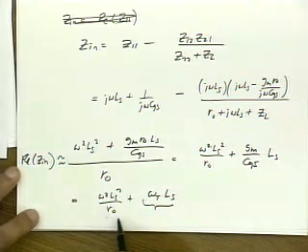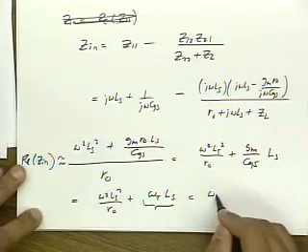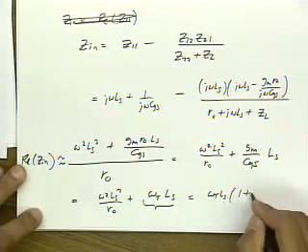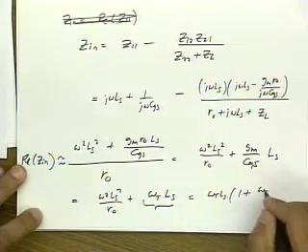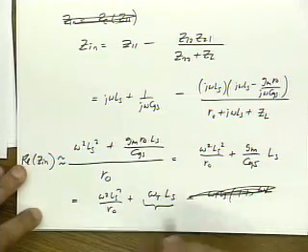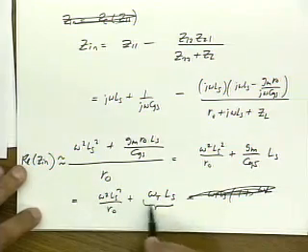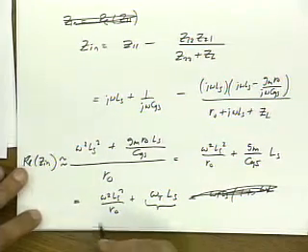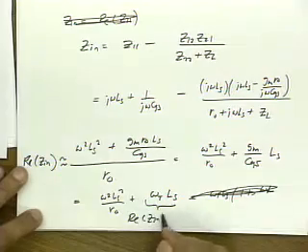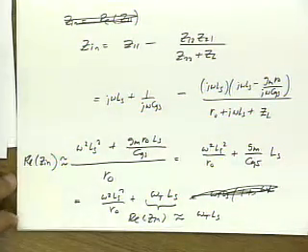And again, if I assume Ro is sufficiently large, then we can say that this term will dominate. So I can write this as omega T Ls. If I just assume that this is much larger than this, then this term will actually dominate. And so the real part of Z in is approximately omega T Ls. Okay?